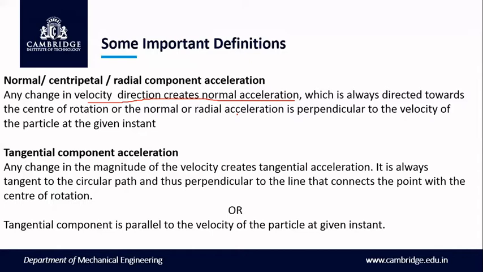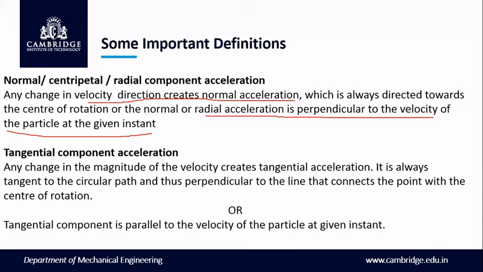When the direction of velocity keeps changing, it produces an acceleration directed towards the center of rotation, and this is called normal acceleration. This normal acceleration is perpendicular to the velocity of that particle at a given instant. So the velocity vector and normal vector are 90 degrees apart.